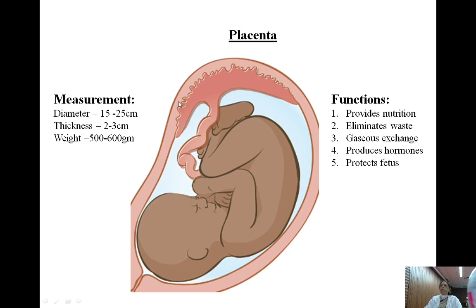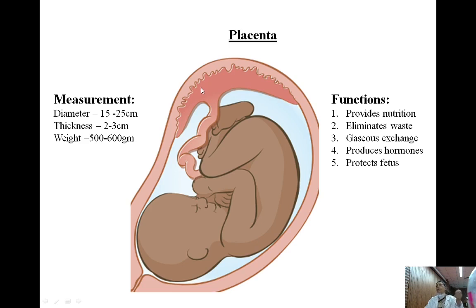But later on, that placenta itself secretes progesterone, and then at the end of pregnancy it again produces some hormone, that is the estrogen, which increases the muscular contraction, just opposite of the progesterone action.